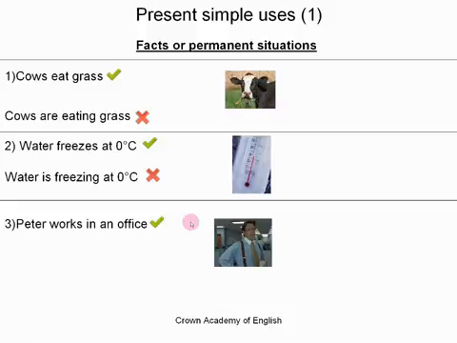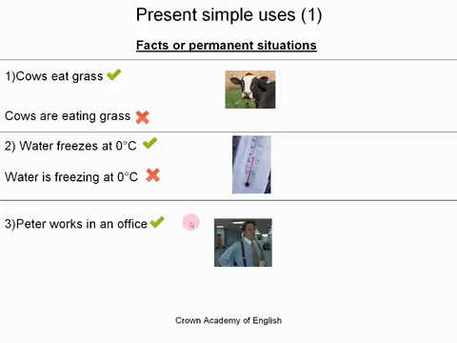It's a fact. He always works in an office. Okay, so we're talking about what Peter does permanently, what he does all the time. We're not asking what Peter is doing now. We're asking, where does Peter work? And so we answer using the present simple tense. Peter works in an office.